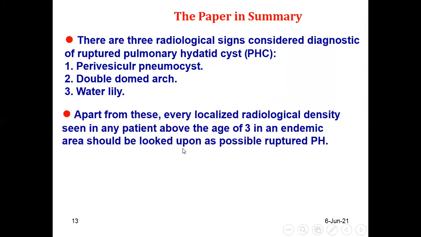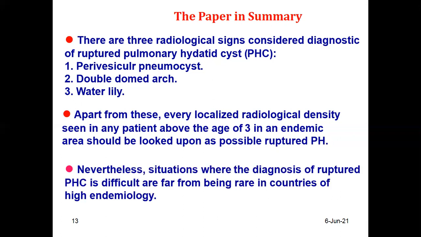Apart from these, every localized radiological density seen in any patient above the age of 3 in an endemic area should be looked upon as possible ruptured pulmonary hydatid cyst.